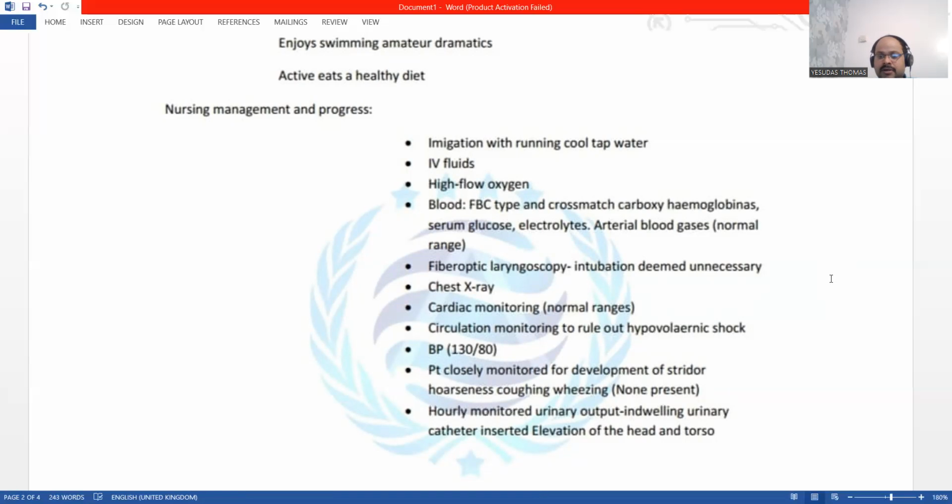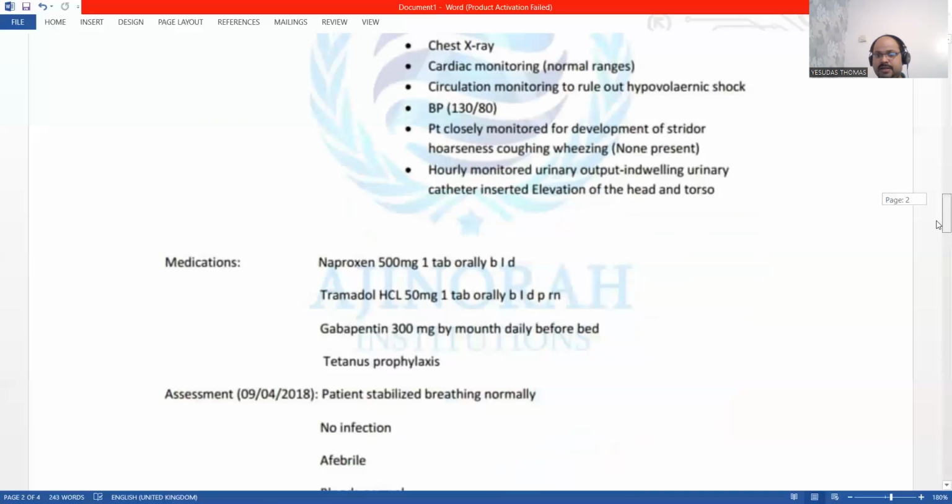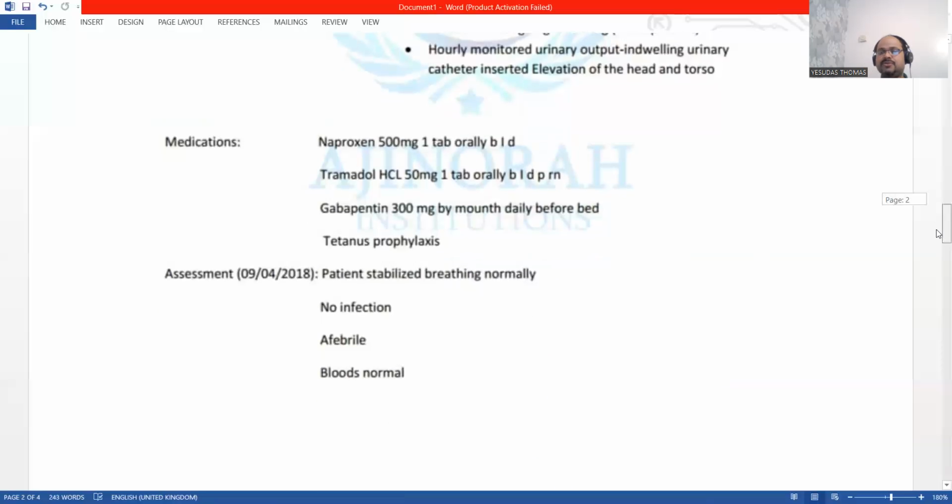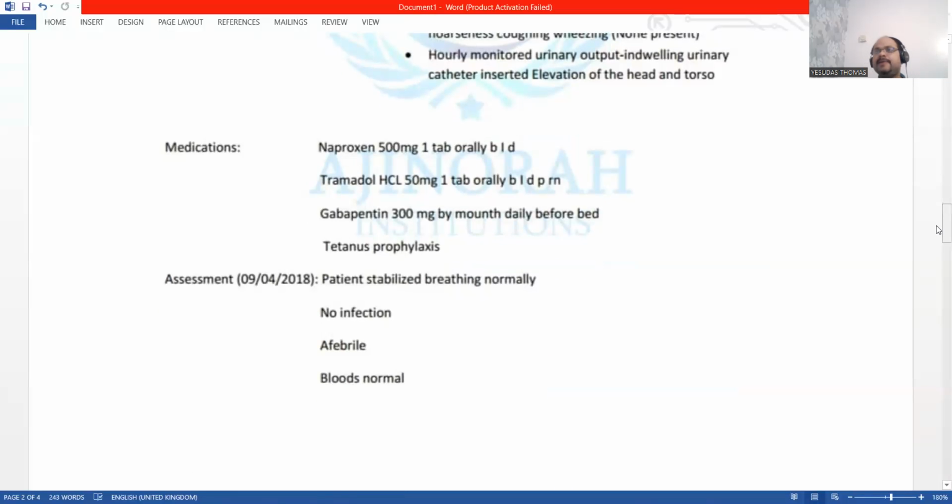We monitored for the development of stridor. Nothing is present now, no abnormalities there. The patient is stable, but he was on an indwelling catheter. We also elevated his head and torso above the level as an intervention.